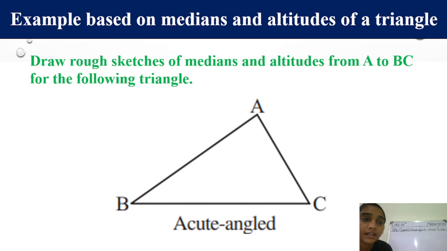So now, students, let us discuss one example based on the median and altitude of a triangle. We have to draw the rough sketches of medians and altitudes from A to BC for the following triangle.